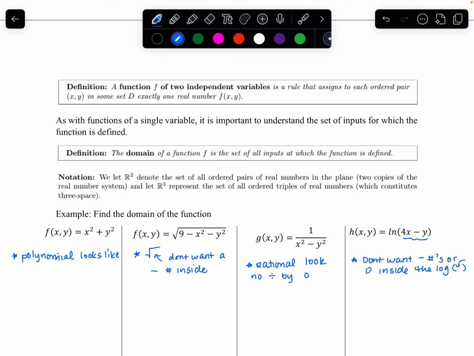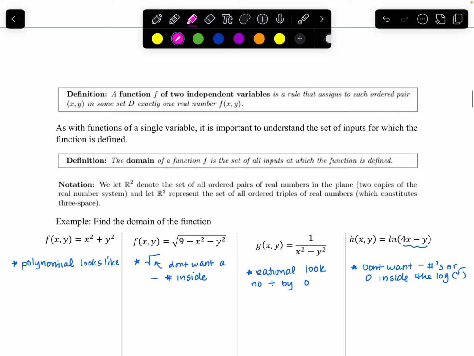Okay, so we're going to use these facts to help us determine the domain. It is a little funky. These are going to be definitely very new to us, right? And so when we are dealing with a function with 2 independent variables, the domain still is a rule that assigns to each ordered pair xy inside the domain, and then we get an output, which we found is a real number, right?